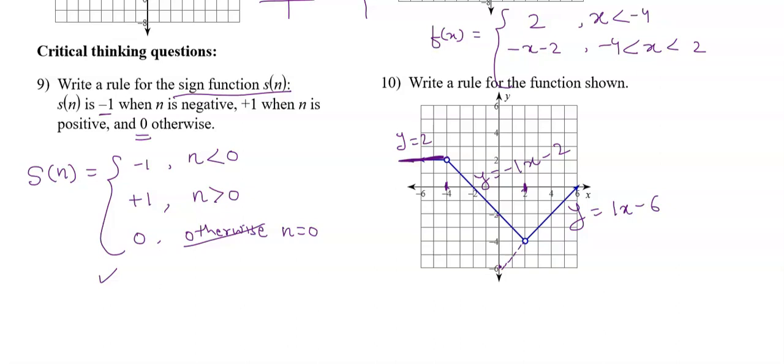It does not touch the boundary values because there is a hole. And after that the last part is x minus 6, and that is defined when x is greater than 2. Good, guys.